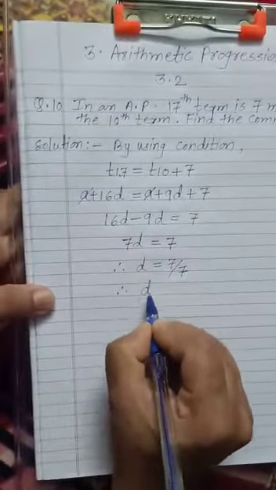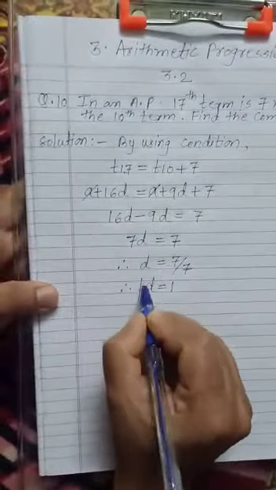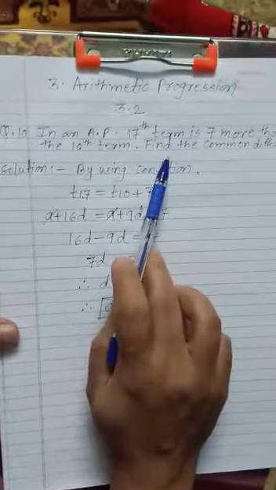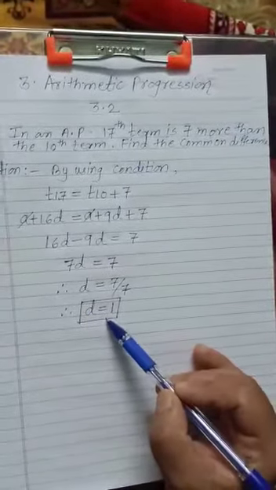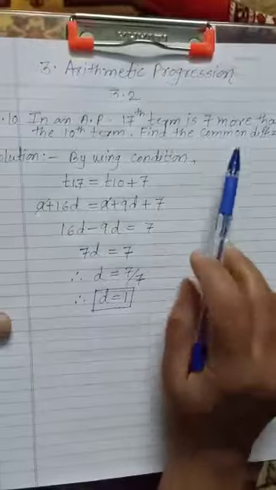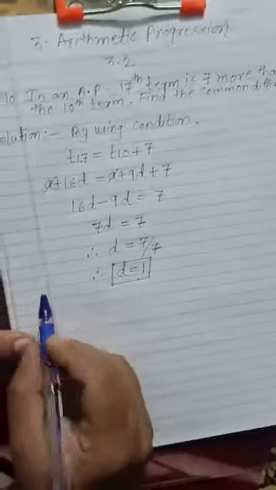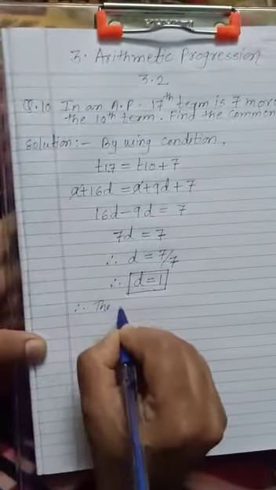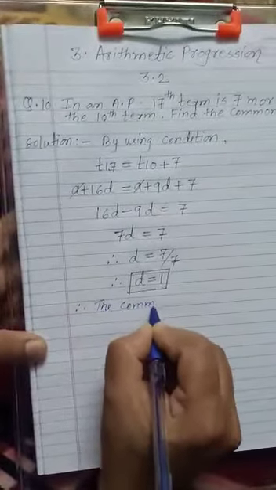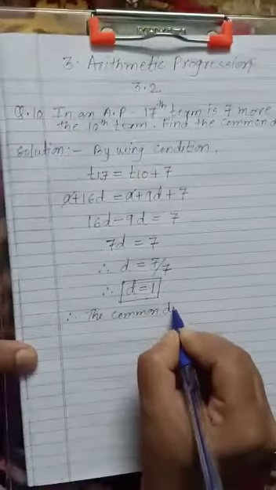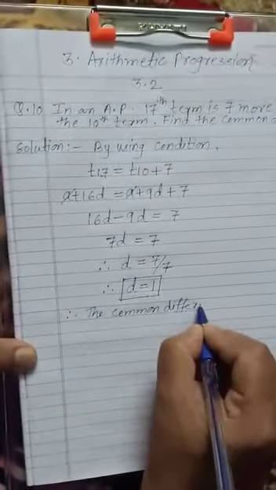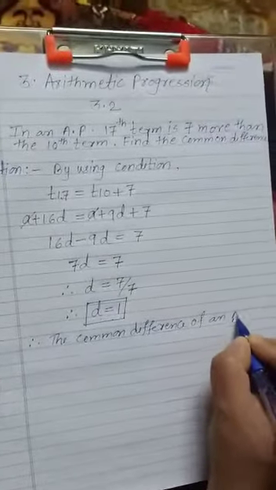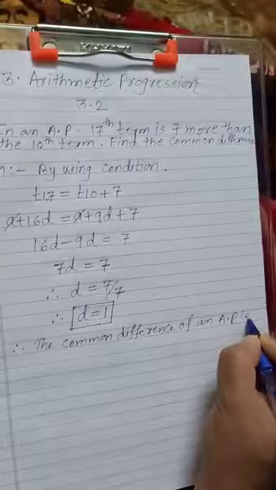Therefore d is equal to 1. So by applying this condition given in the question, we got the value of the common difference. It is 1, and that is what is asked in the question. So, therefore, the common difference of the AP is 1.